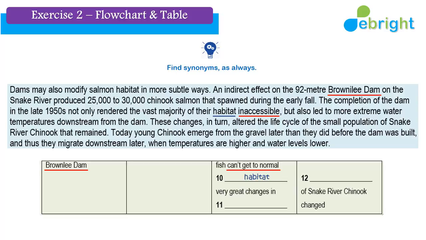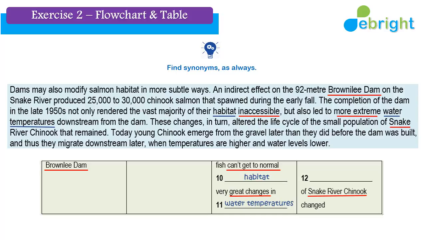While for number 11, very great changes in, the keywords are great changes. It's similar to more extreme in line 3 on the right over there. So the correct answer is water temperatures. So you should write water temperatures. While for number 12, the final answer, the keywords are Snake River Chinook.